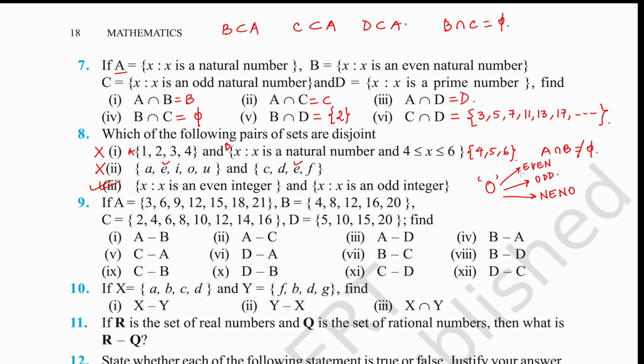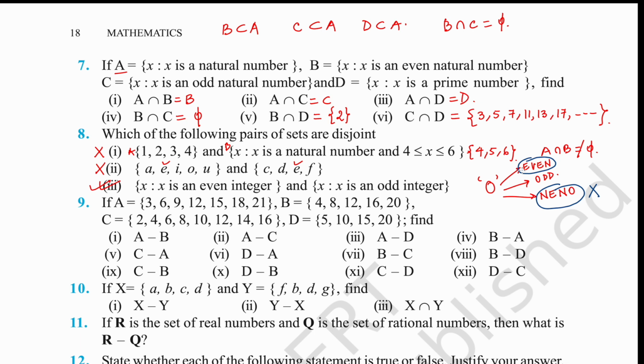Many students I have asked have always chosen neither even nor odd as their answer. But let me tell you, this is a wrong answer. 0 is an even number. How? Let's go into the definition of even numbers. So what is an even number?